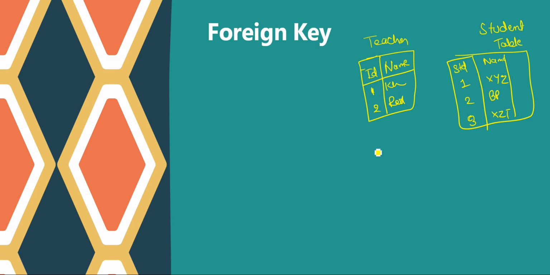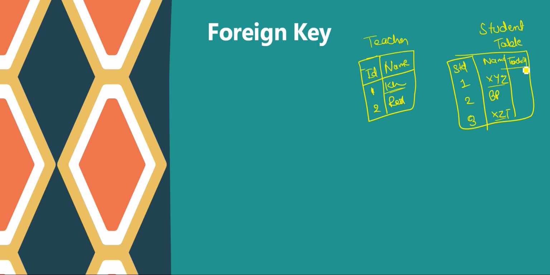Now I want to know which students, let's say, Khushbu teaches, whether XYZ, BP, or maybe XYZ and XZT, both of them. So to know that, I'll create one more column, teacher ID.